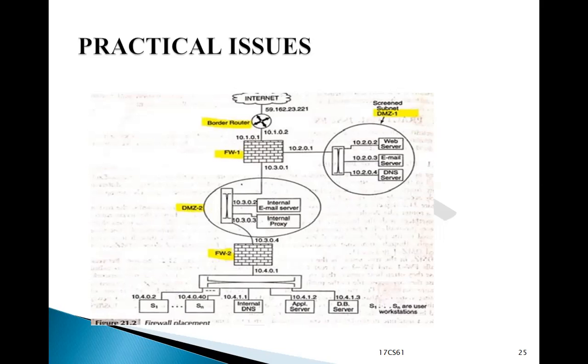Two firewalls are placed, and also the first one, the border router, is also a firewall. It acts as a security guard between the internet and the firewall here. So the first filtering will take place in the border router itself.